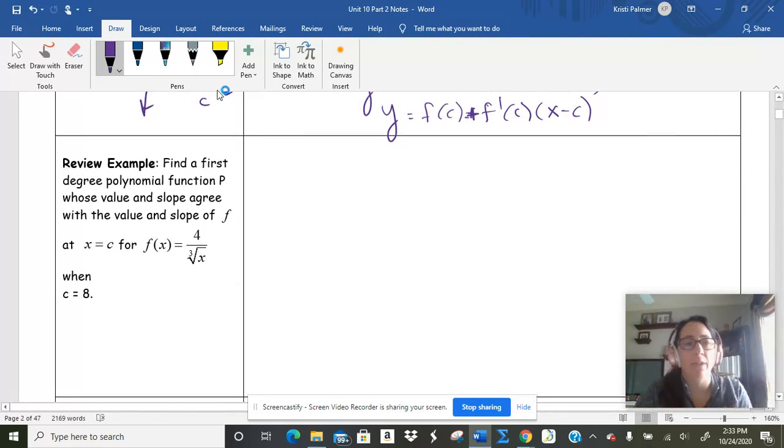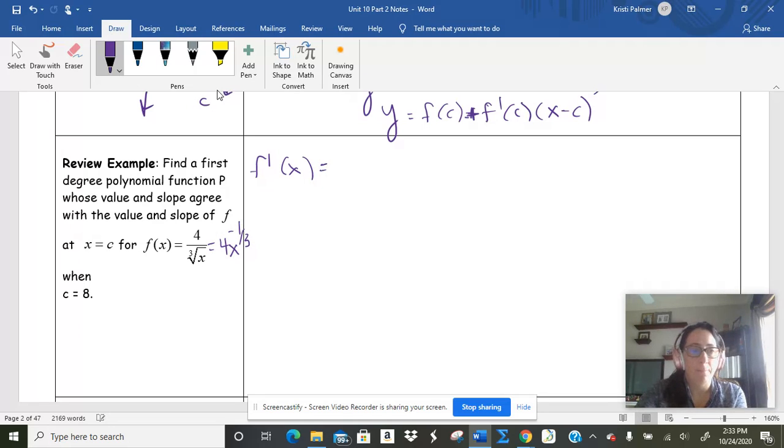So let's review really quick how we found a tangent line. We would take the first derivative of this function. Remember, rewrite it using the power rule so that we can take that derivative. And we can plug in our value.